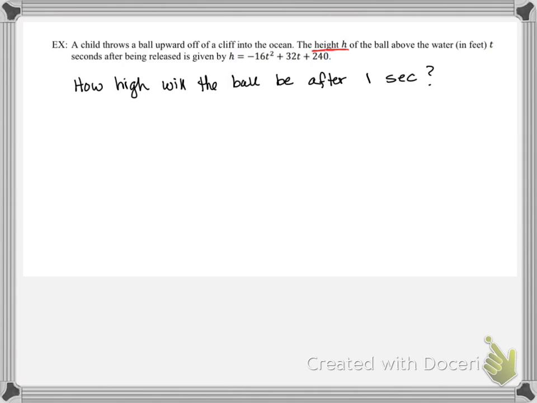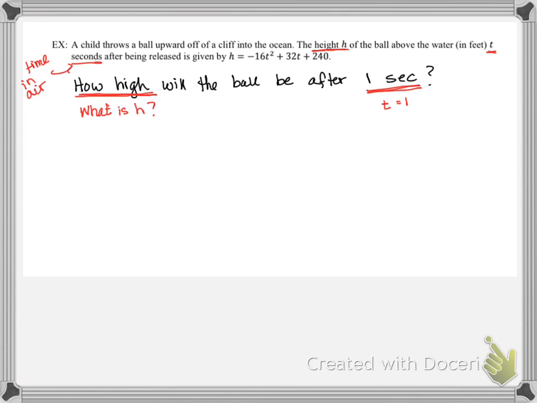H is our height, and T is the time in the air. In this case, they're asking how high, so they're asking what is H. And they're giving us the amount of time in the air, so they're telling us that T is equal to 1.